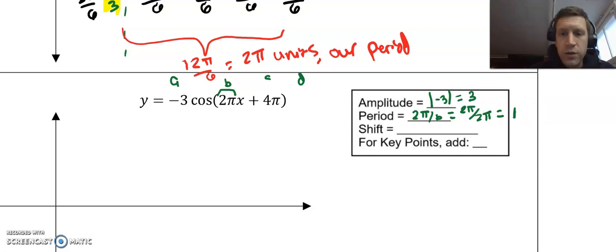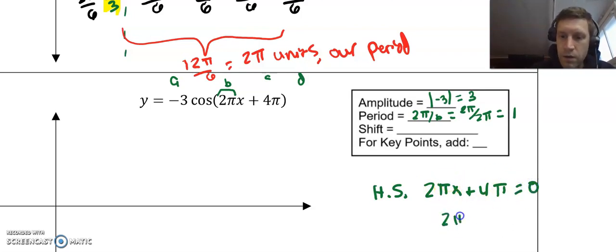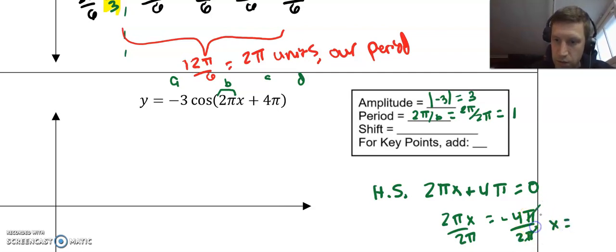Okay. Shifting, there's no value being added outside in place of the D, so there's no vertical shift. For the horizontal shift, take 2 pi x plus 4 pi, set it equal to 0, subtract 4 pi, remember I'm solving for x, divide by 2 pi, I get x equals -4 over 2 or -2.